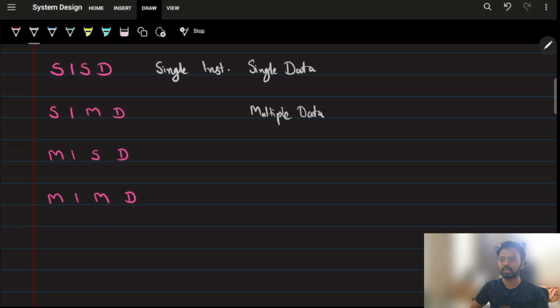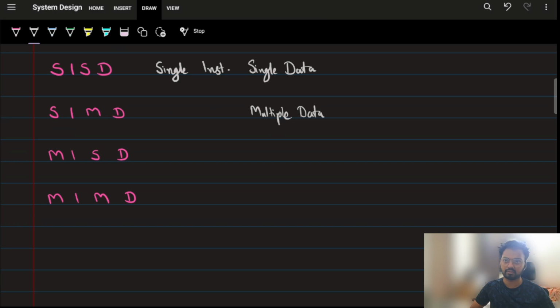We only have one instruction, but the same operation is performed across multiple data inputs, for example, vector processing or matrix operations.